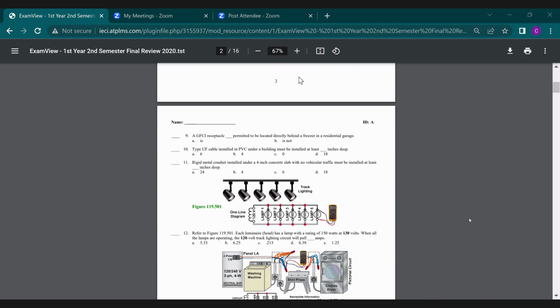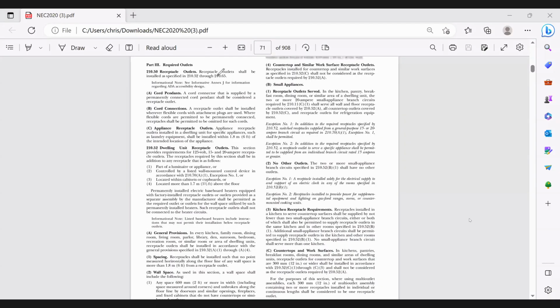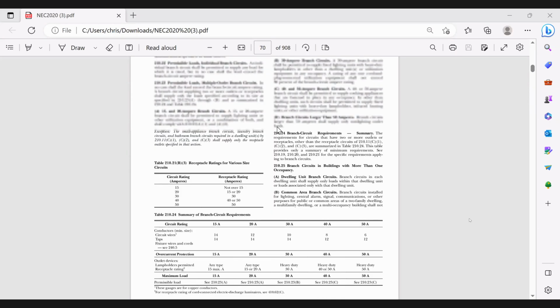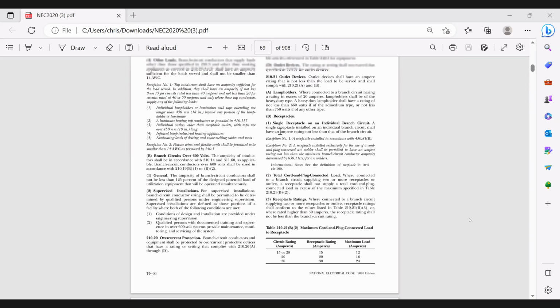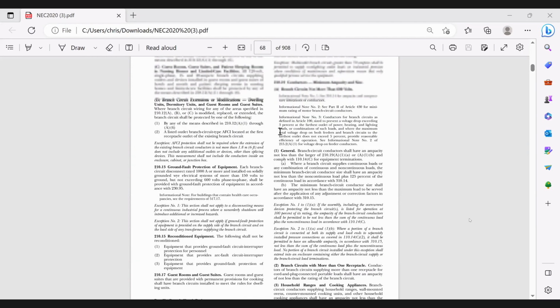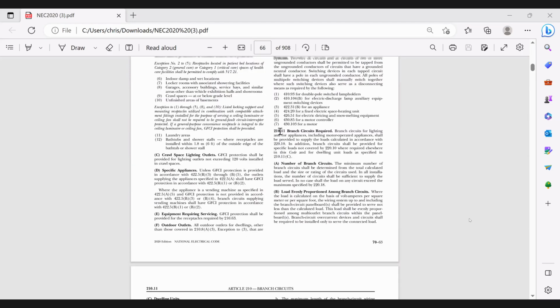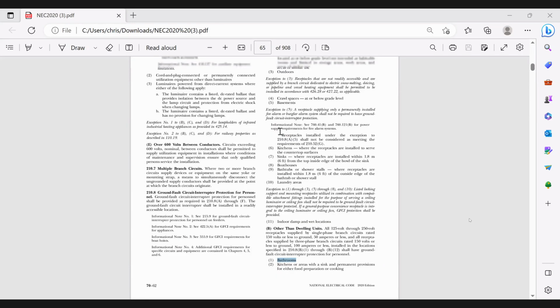Let's take a look at our code. We know GFCI protection is 210.8. We'll pop up there. 210.8, there we go.